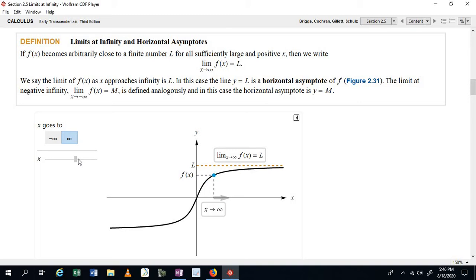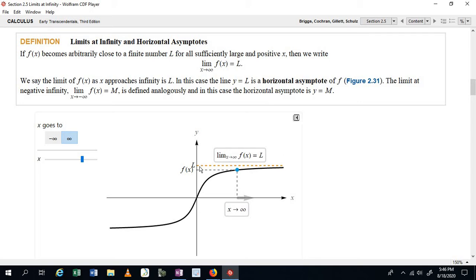And then as x gets bigger, I think you can see that the y value gets closer and closer to this number L. So in this case, we would say the limit of f of x as x approaches infinity is equal to L, and this is known as a limit at infinity.